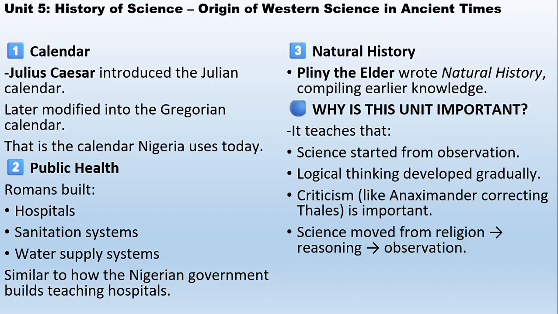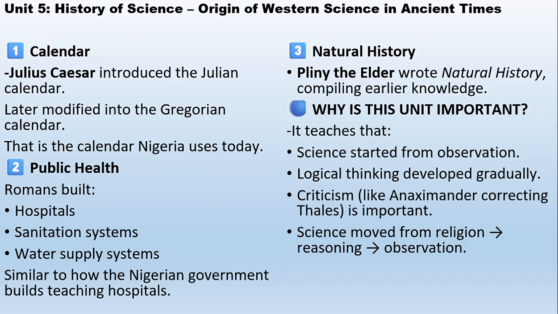Julius Caesar is a name we have heard. He introduced the Julian calendar, which was later modified into the Gregorian calendar, and this is the calendar Nigeria uses today.